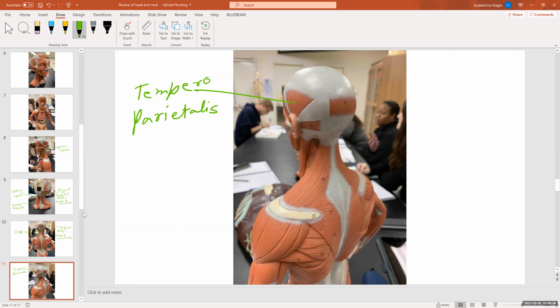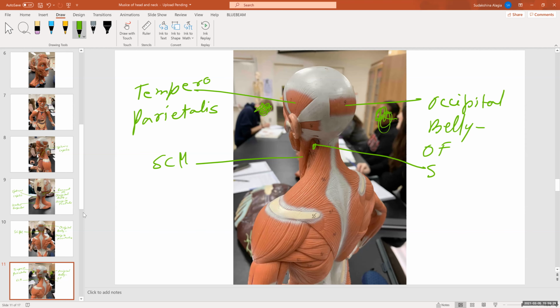You can see the occipital belly of occipitofrontalis, sternocleidomastoid right there, splenius capitis, and below that, levator scapulae.